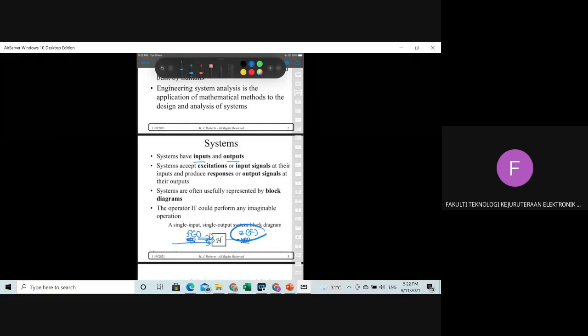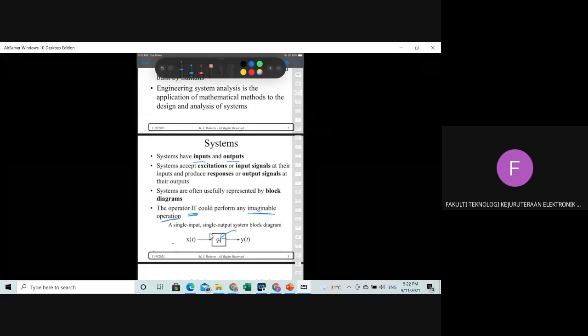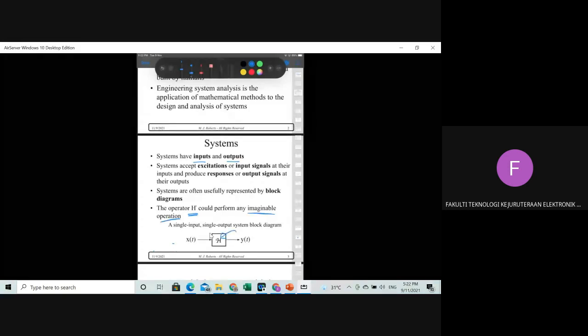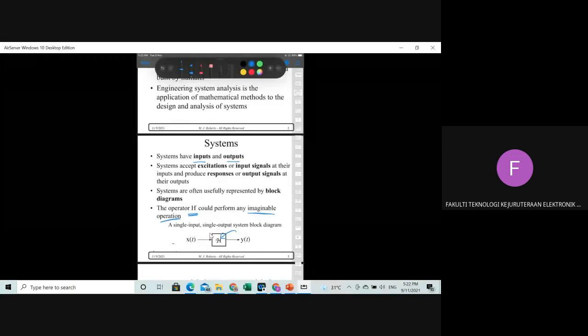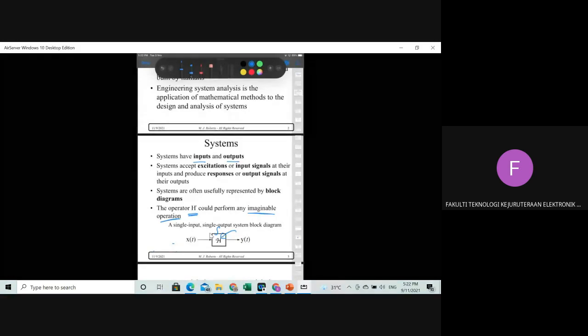The operator H performs any imaginable operation on the system. We could have addition, signal integration, any process that happens in the system. The operator H performs that operation in the system.